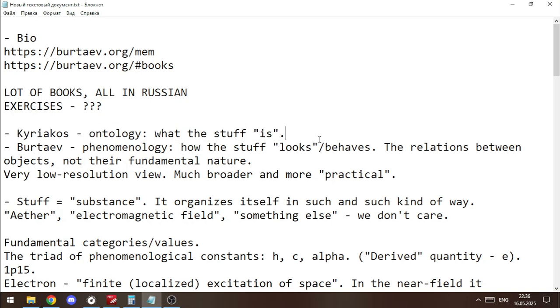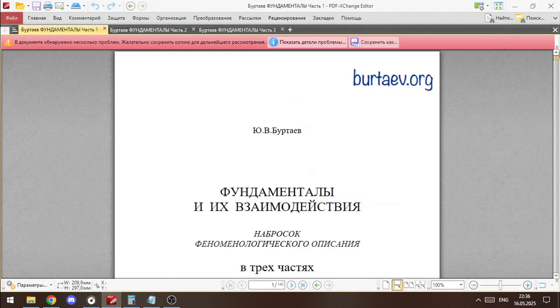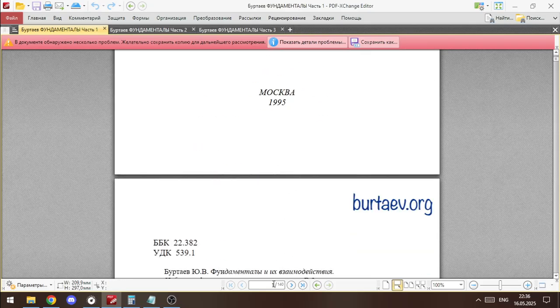So he was trying to build a model of elementary particles based on what they are. Whereas Burtaev's approach is actually quite a bit different. He literally calls his books, somewhere here you can actually see, a draft of phenomenological description. That's literally what he calls his research, okay?